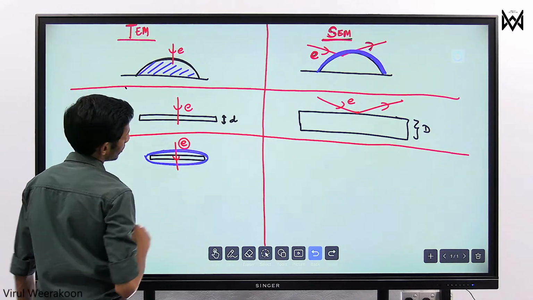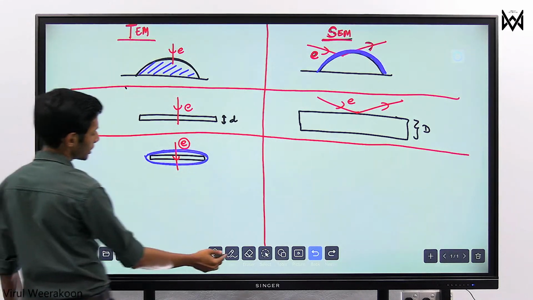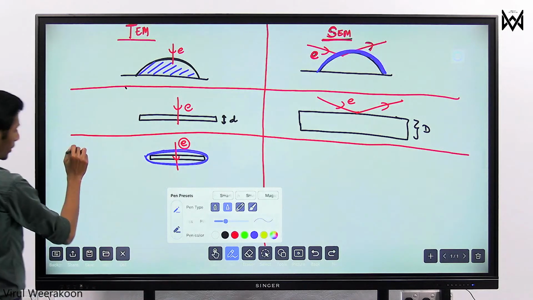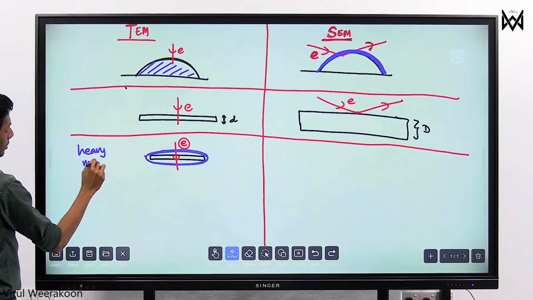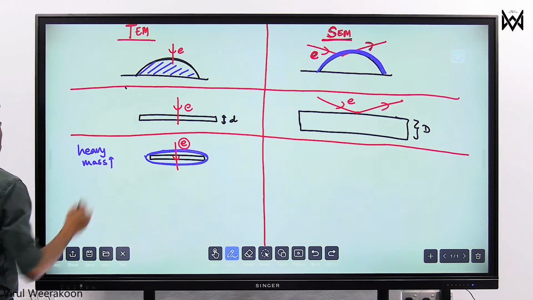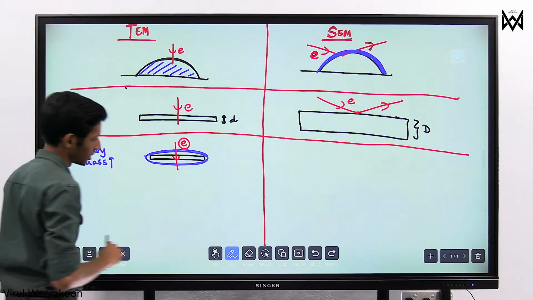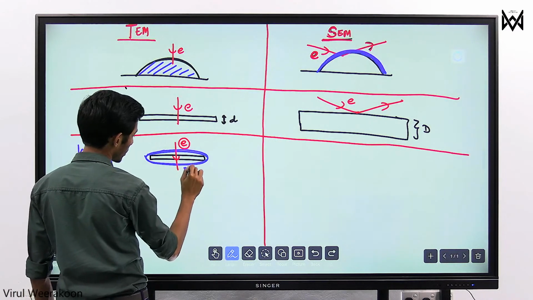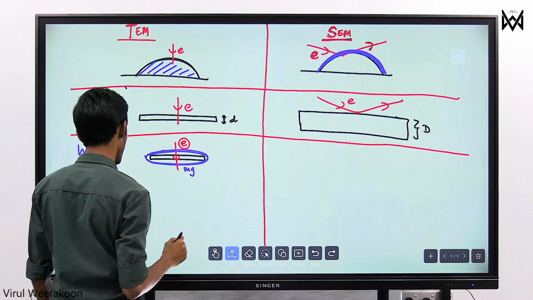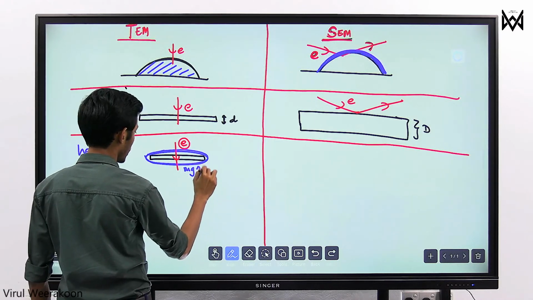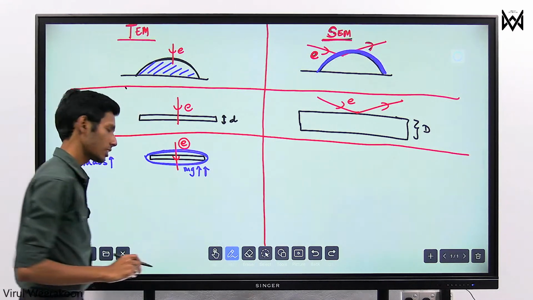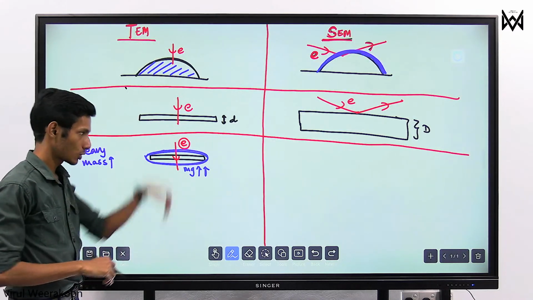So actually what happened? Heavy metals means their mass is high. So the mg value is much higher. Then it is a kind of additional support for the electrons to pierce in.